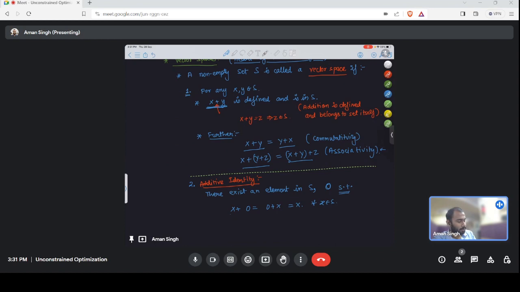So if we do the operation with x, we should get x back. So this is called additive identity. Existence of additive identity.